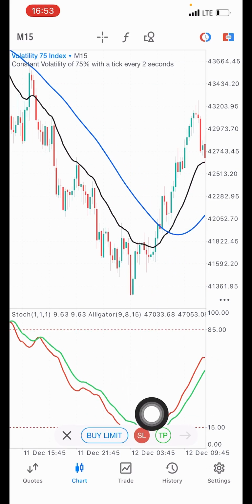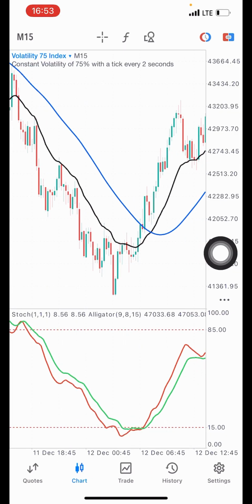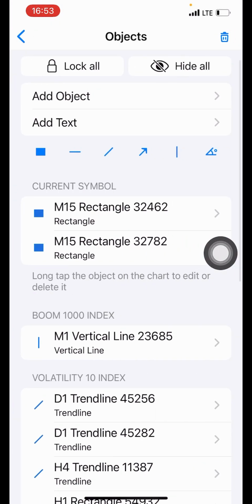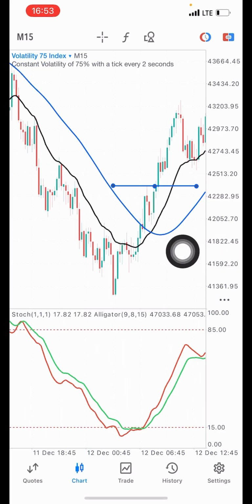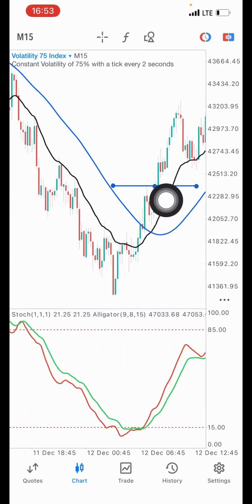Here is another example again. You want to see price break above the black and at the same time above the blue line, then come back for a retest. You mark the recent structure like this. Now you want to see price come back and break a candlestick above it.